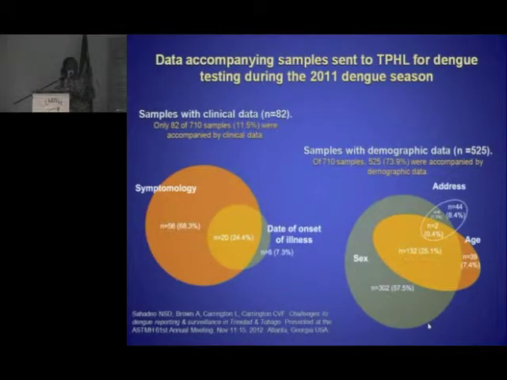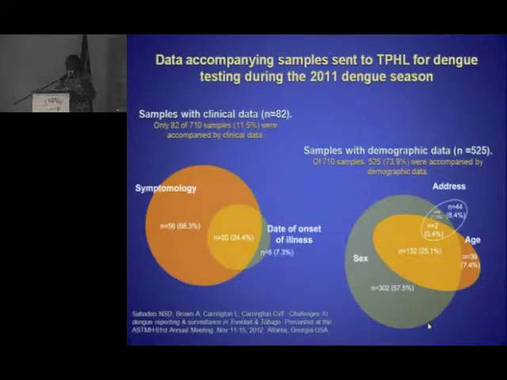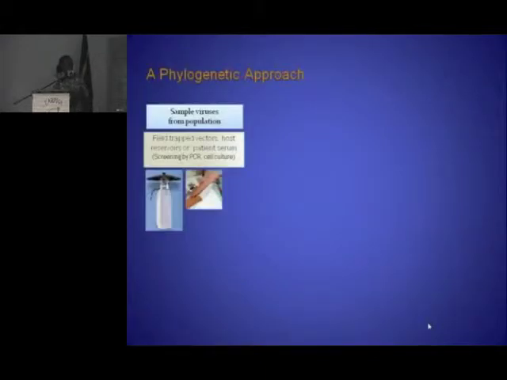At the same time, we also looked at demographic data, and of the 710 samples, only 73.9% had any demographic data, and that was 525 samples, and of those, only 2 had the address, the age, and the sex of the individual. Now, this was during a large outbreak, so the system might have been overburdened, but it's a difficult situation.